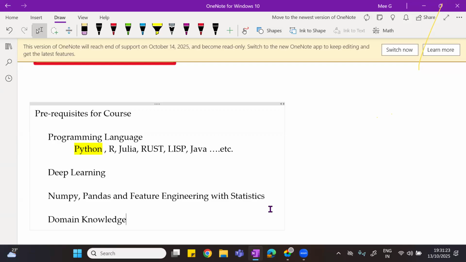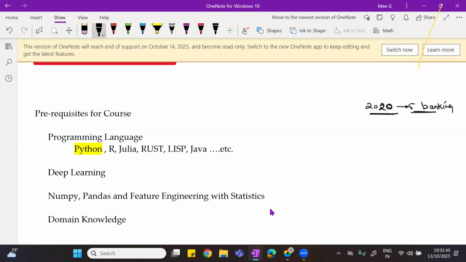Just imagine you started your career in 2000, and let's take 2020, for the past 5 years you have been working in the banking sector. Now you have a very strong hold on banking processes and banking terminology.